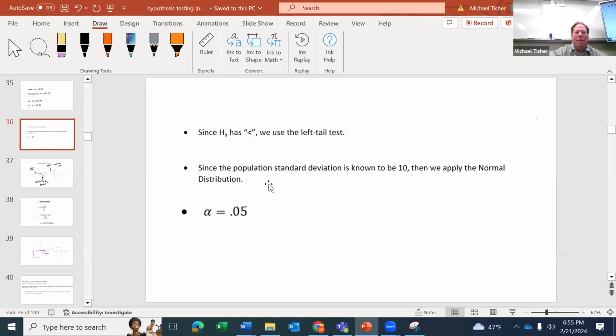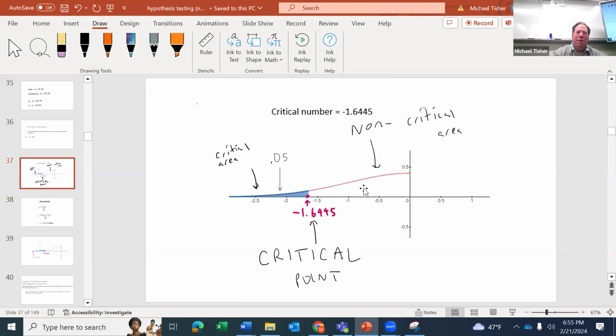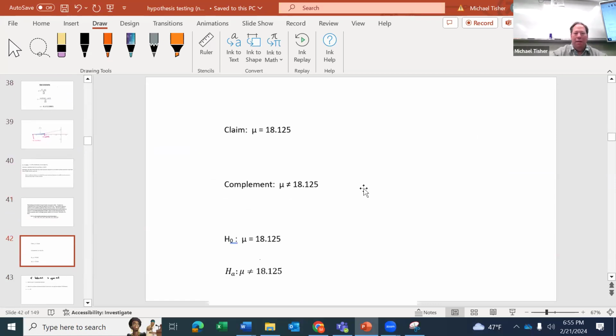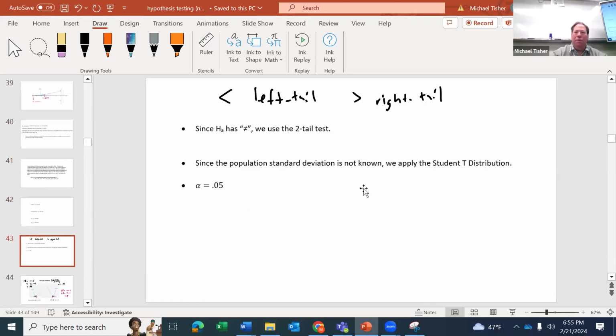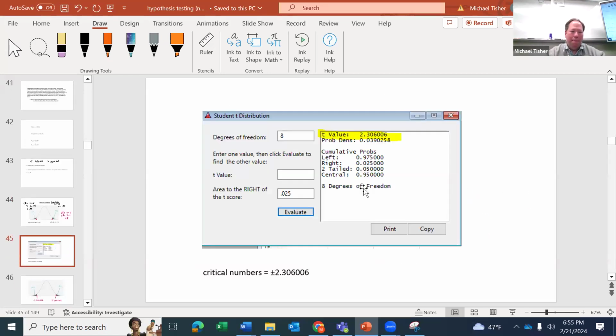So it's not really customary to know the population standard deviation. So in this class, we're not going to know it. So since we won't know it, we can't draw the normal distribution. So instead, everything is based on the t distribution in this class, okay? And I have a long example of that, but do you want to see the long example or go to the shortcut? Shortcut, okay, we'll do the shortcut. Let me pick a problem.